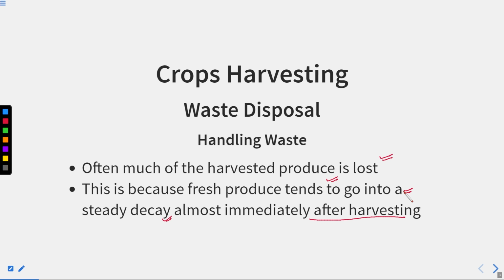Much of the harvested produce is lost while harvesting is done, and that harvested produce becomes waste. The harvested produce which is lost, or just left in the field, starts to decay there immediately after the harvesting.